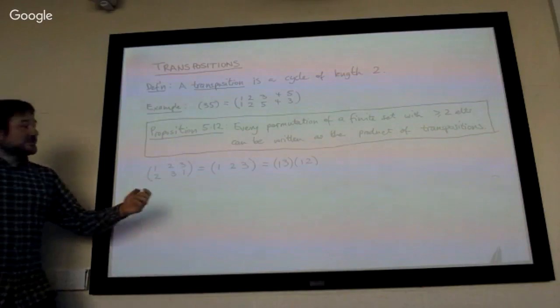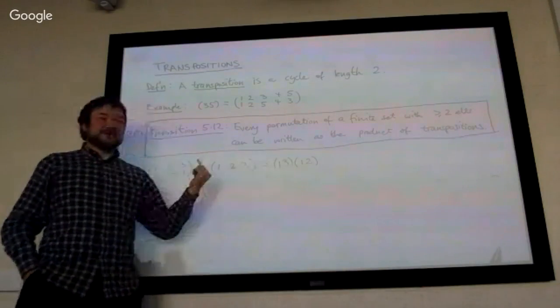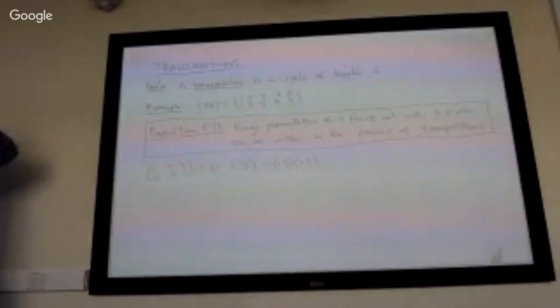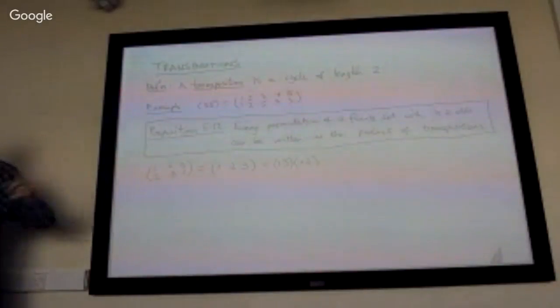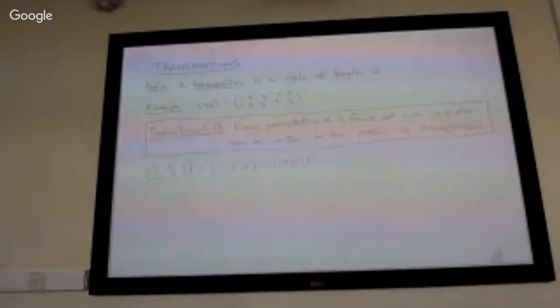And because we're composing from the right, that's the convention. That's why I was looking at it and saying it's not working.